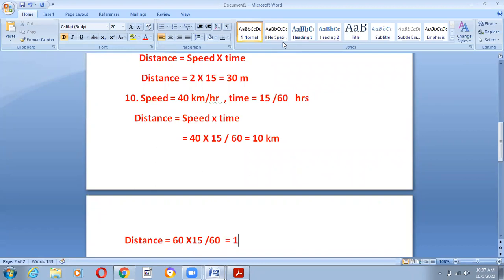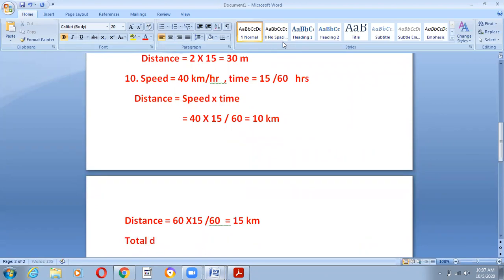So it will become 15 kilometers. So how much is the total distance in this? Total distance will be equal to 25 kilometers. This way you have to do. Be very careful about the units you are using.